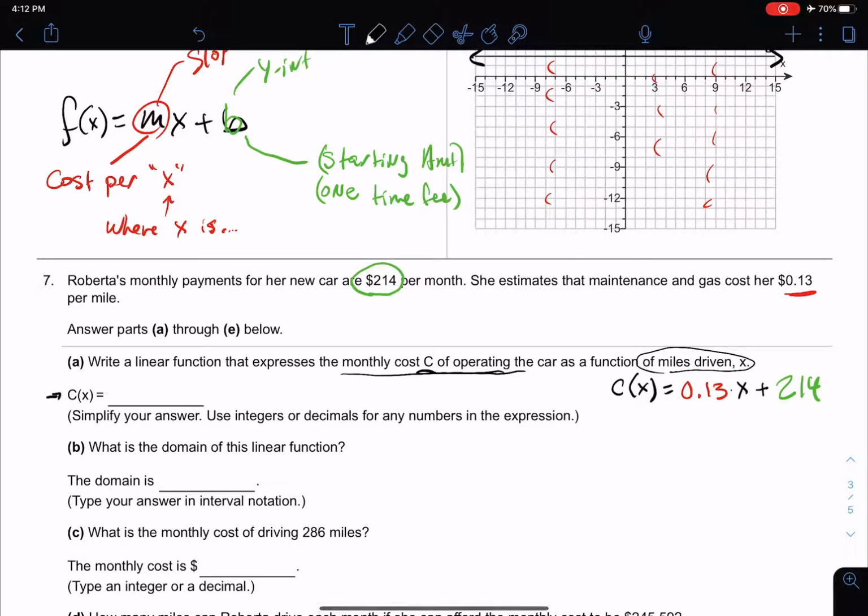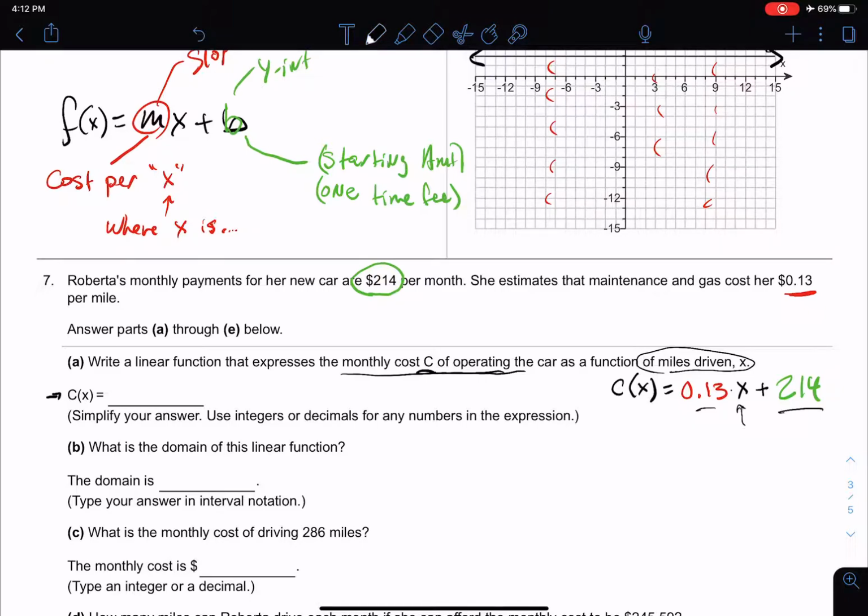Let's see if we can make sense of this. Her monthly cost for this car is $214, which she has to pay no matter what. And then she has to pay 13 cents for every mile driven. If she had that car, sat in the garage, and never drove it, it'd be $214, because 0 miles times 13 cents is 0. However, what if she drove it 100 miles in 1 month?